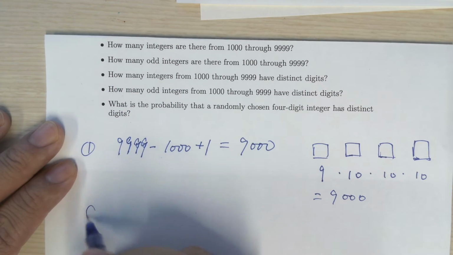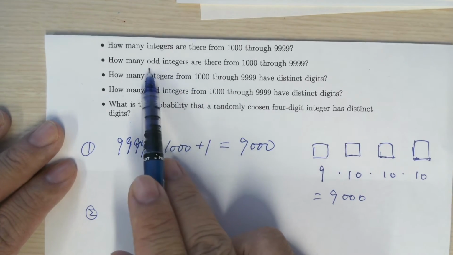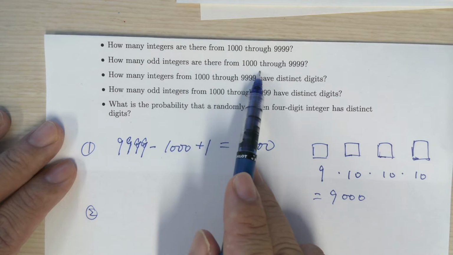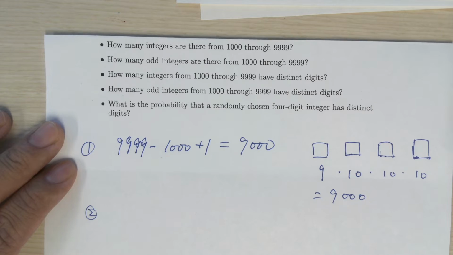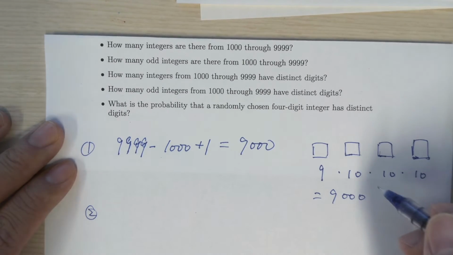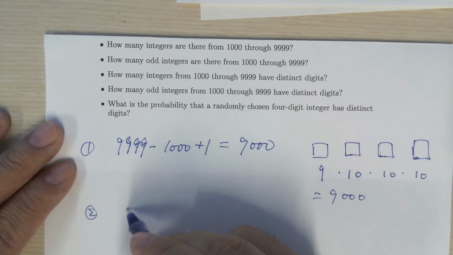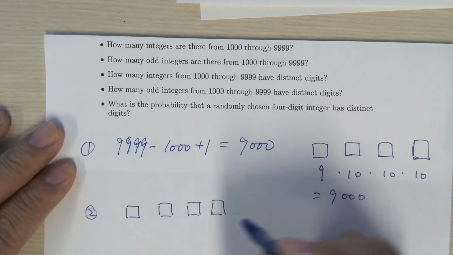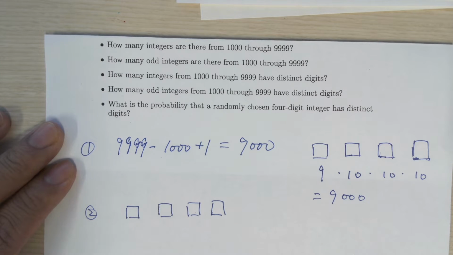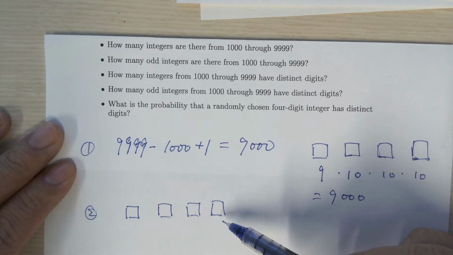Now part 2, it asks how many odd integers are there from 1000 through 9999. Again, we can still use the multiplication rule to think about this. To make my integer an odd integer, noticing that I just need to put one restriction on my last digit, right?